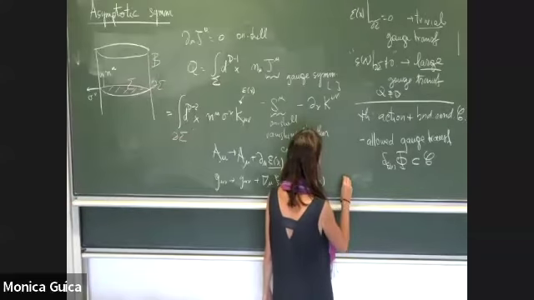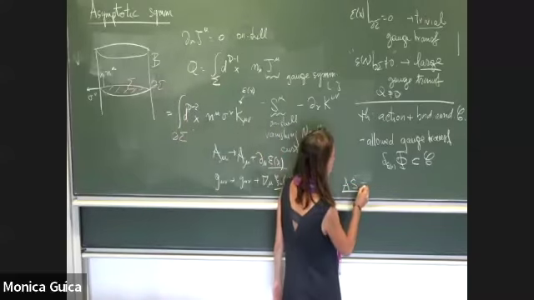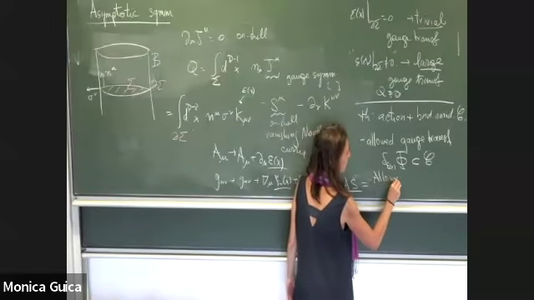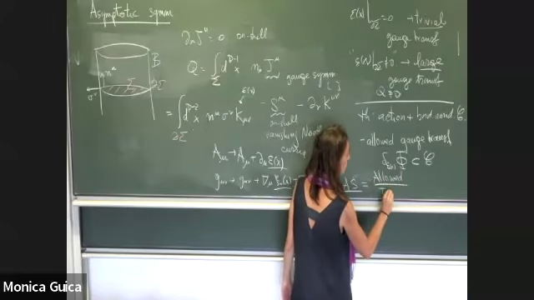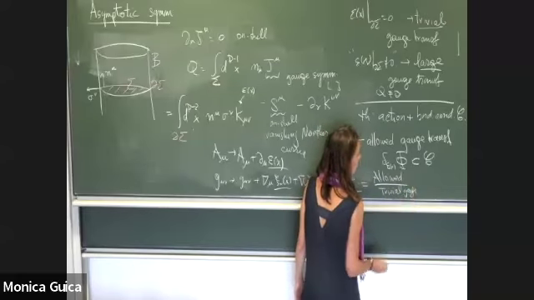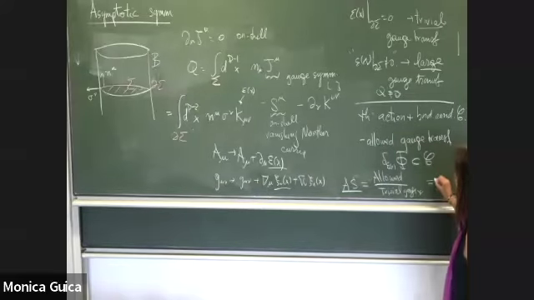So then one talks about the asymptotic symmetries. Asymptotic symmetries are basically the quotient of allowed gauge transformations by trivial gauge transformations. And basically it's these ones that are the true physical symmetries of the theory.